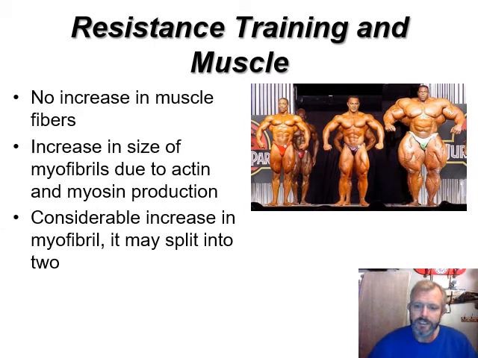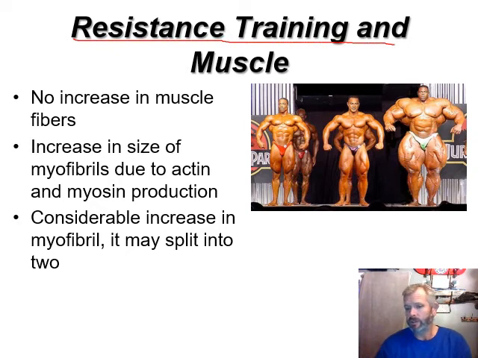As well as increasing or recruiting more motor units, we can also train our muscle fibers to be bigger. If we have bigger muscle fibers, we can increase the force. So when we do resistance training, weightlifting, we're going to increase the size of those muscle fibers.